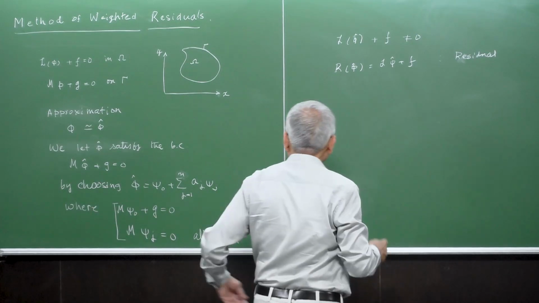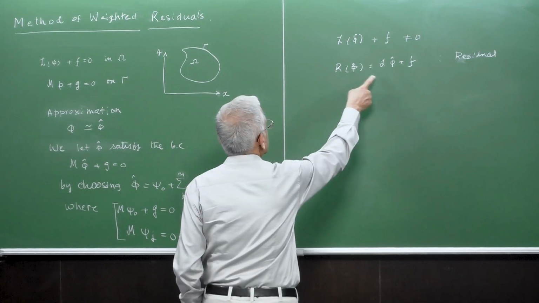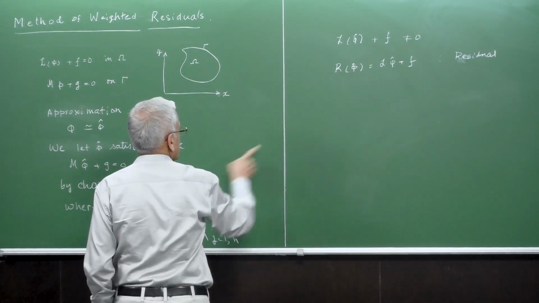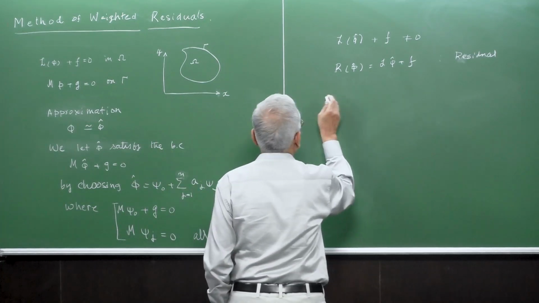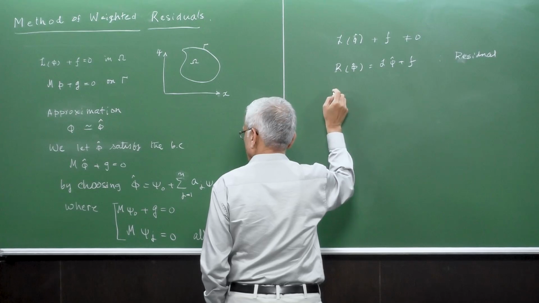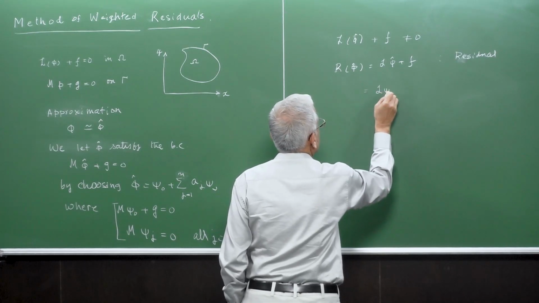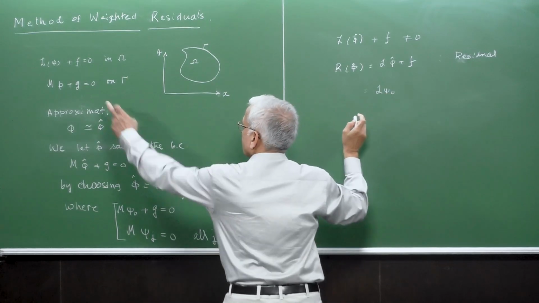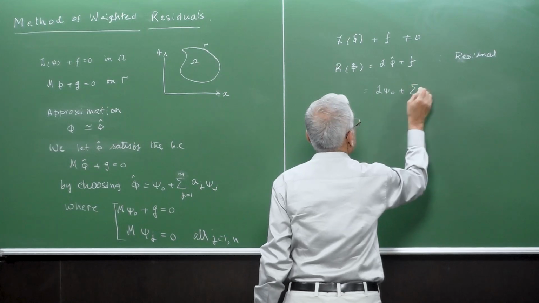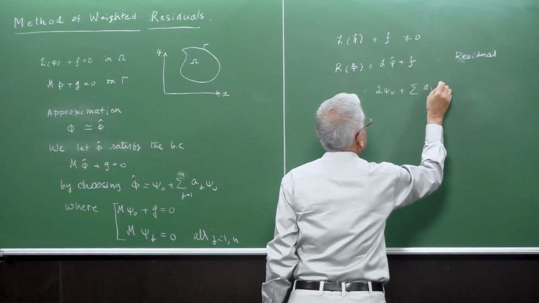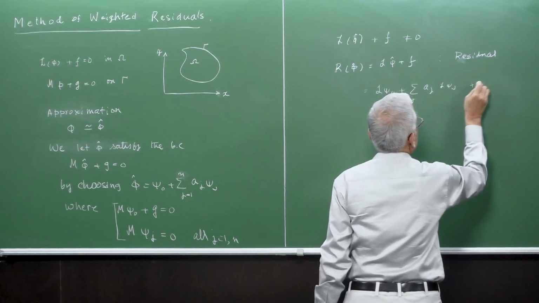By substituting phi hat into this equation, what we have is L psi naught plus summation of a j L psi j plus f.